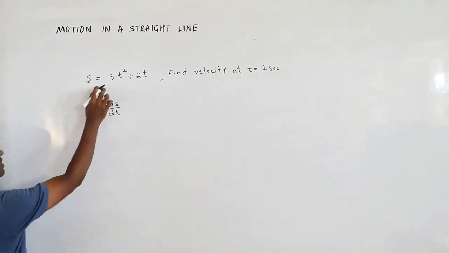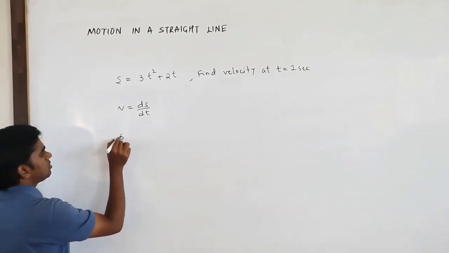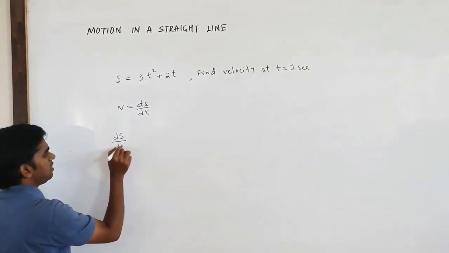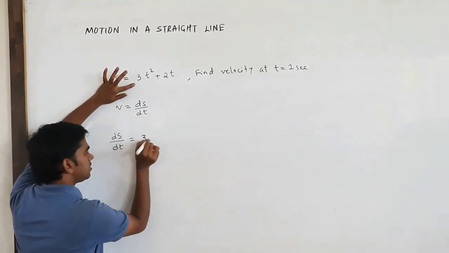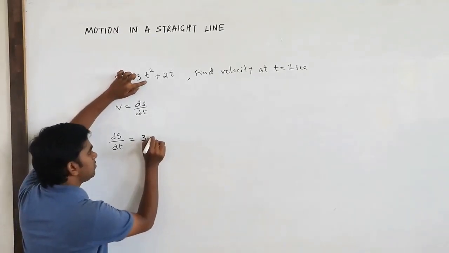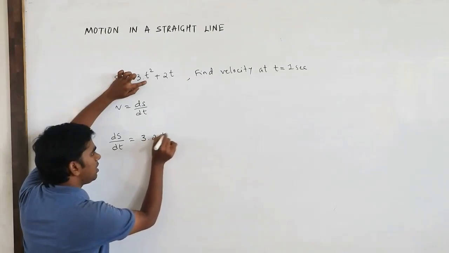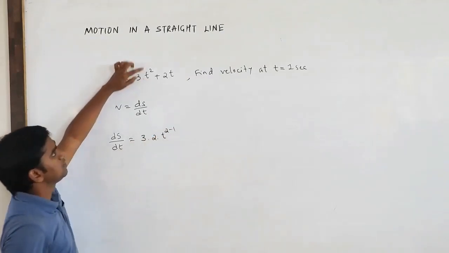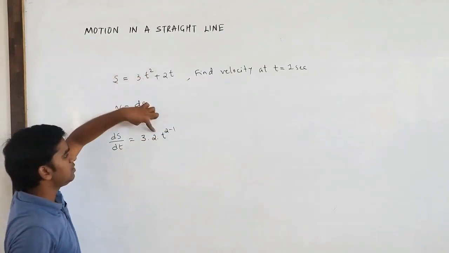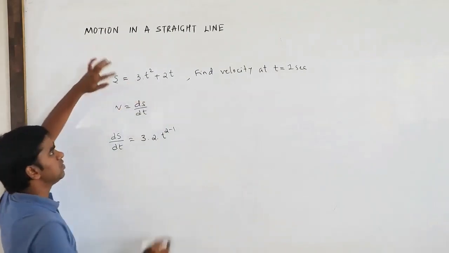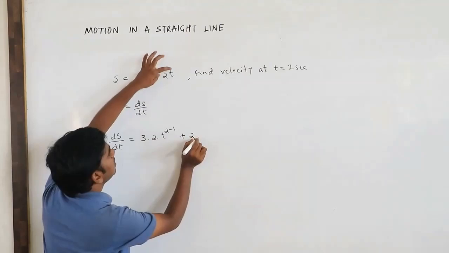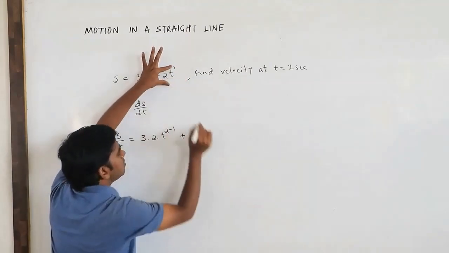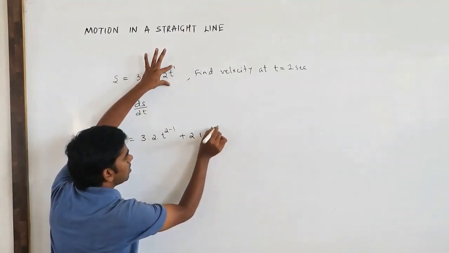So differentiate. ds by dt equals 3, a constant, written as it is, times the derivative of t square, which is 2 into t raised to 2 minus 1, that is n into t raised to n minus 1. Plus 2 as it is, constant, with t raised to nothing meaning 1, so 1 into t raised to 1 minus 1.